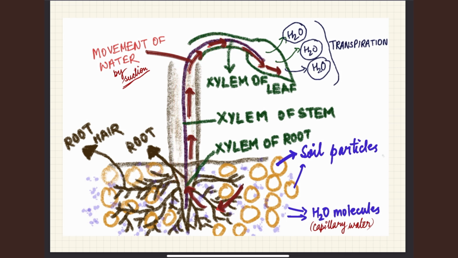Who is the pulling force? First, the root pressure which occurs when water enters the root, that also helps in the upward movement. The capillary action, because xylem channels are very narrow, so there is capillary movement of water. And a very important force is transpiration.